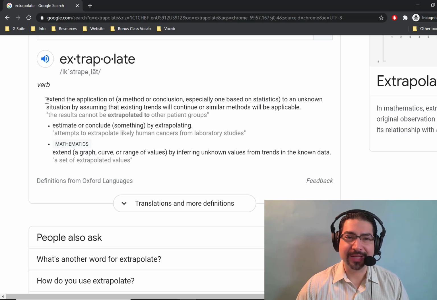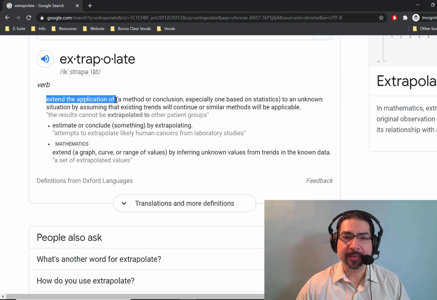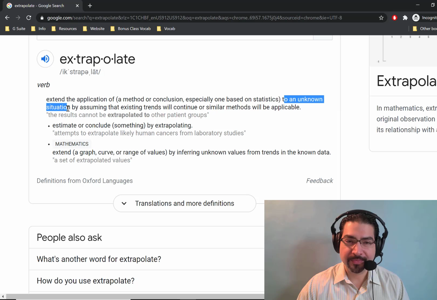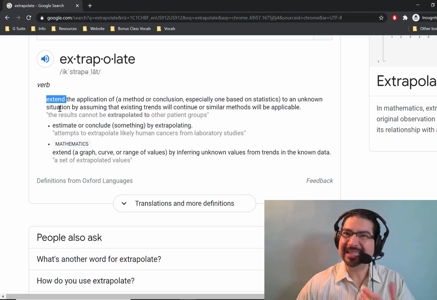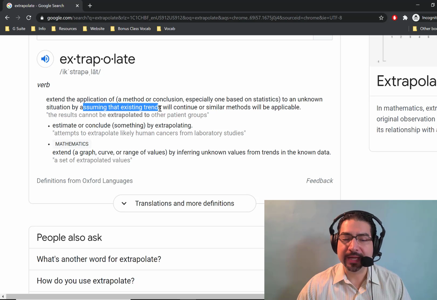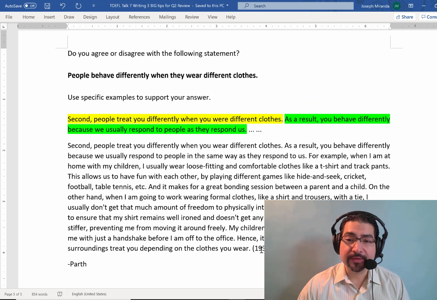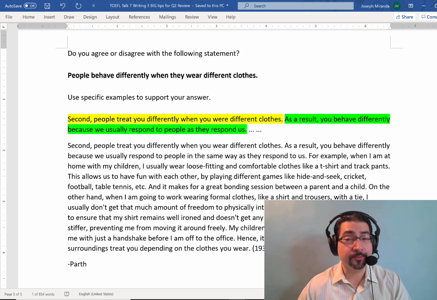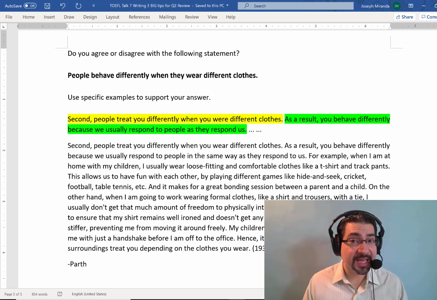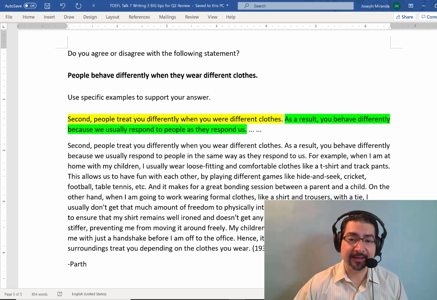Great for us to use, high level word. Kind of higher level, high school, college. So extend the application of to an unknown situation by assuming that existing trends will continue. So essentially what that means is extend, like assuming the existing trend continues. So here, if we're producing 193 words and we extrapolate that, right, we extend that speed of typing, we elongate that, right?